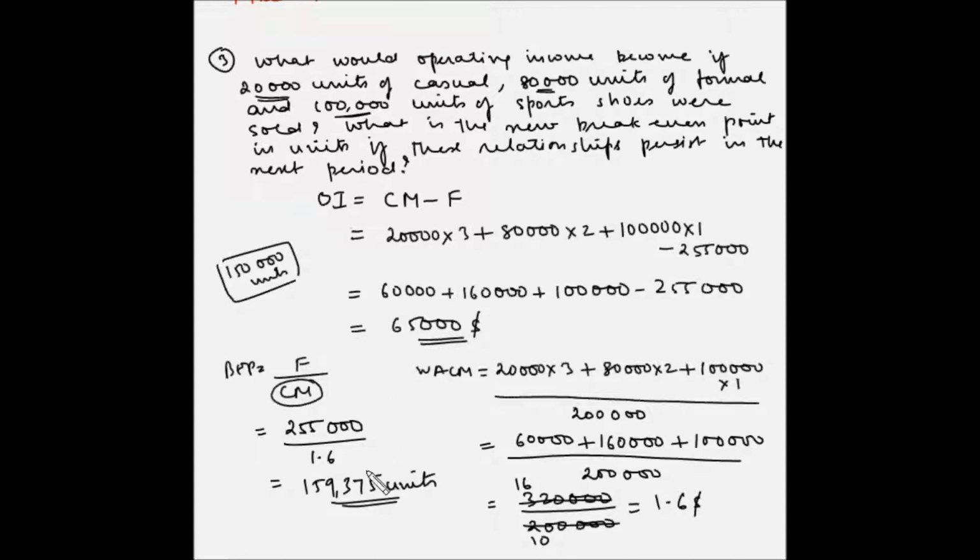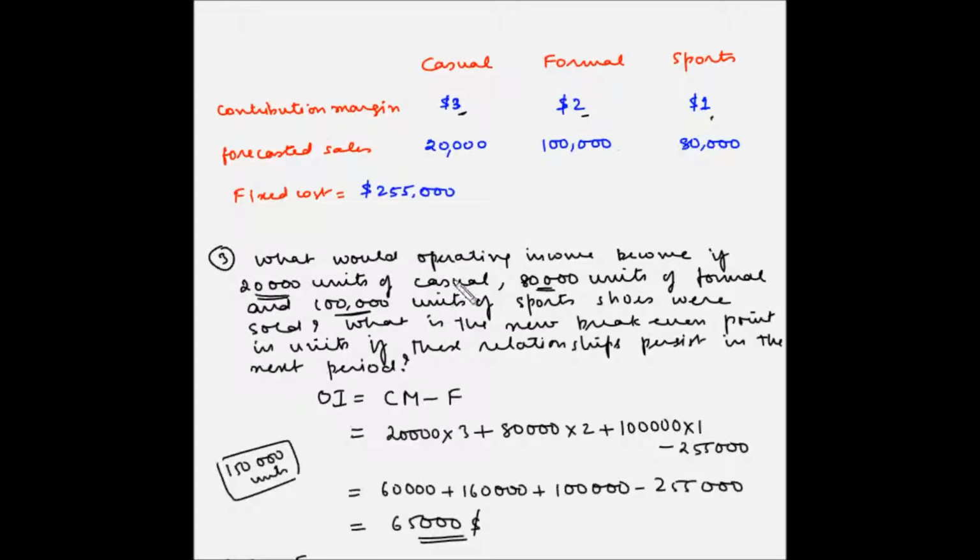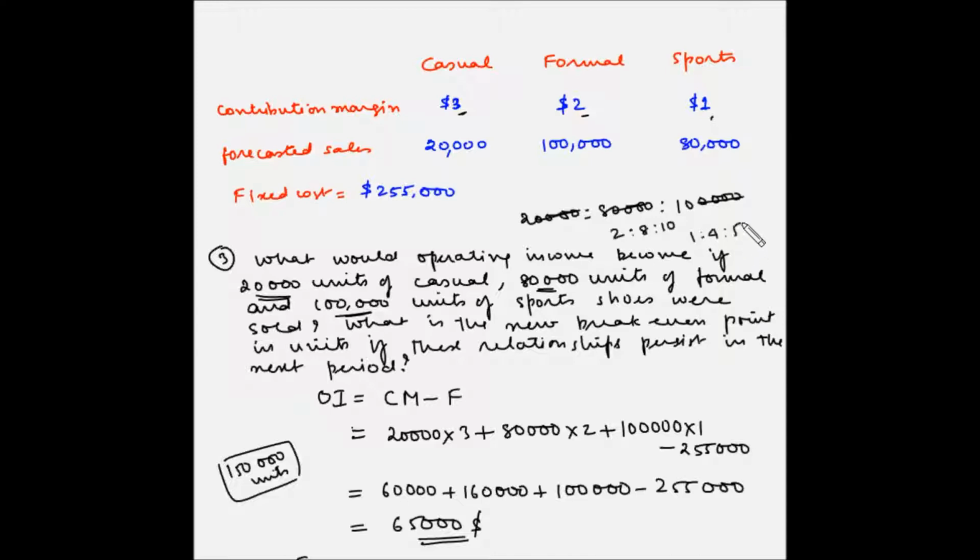Now we can find out the break-even point for the individual product lines. The new sales mix ratio is 20,000 is to 80,000 is to 100,000, which is nothing but 2 is to 8 is to 10, or 1 is to 4 is to 5.